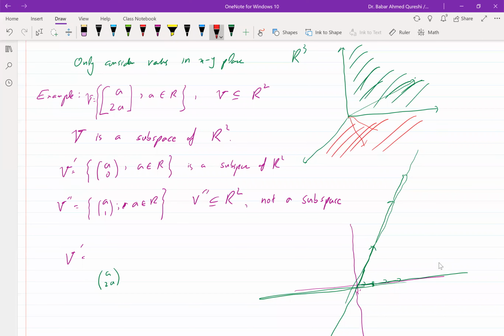This would be a subspace. And any plane tilted along any angle would give me another subspace.